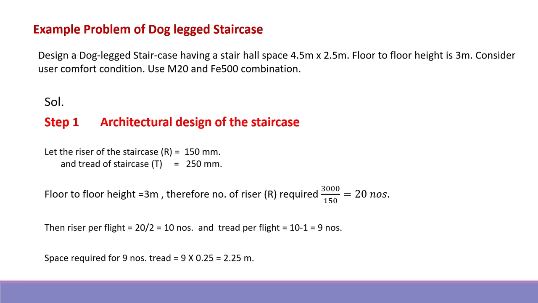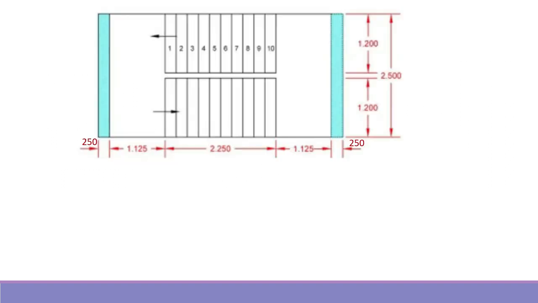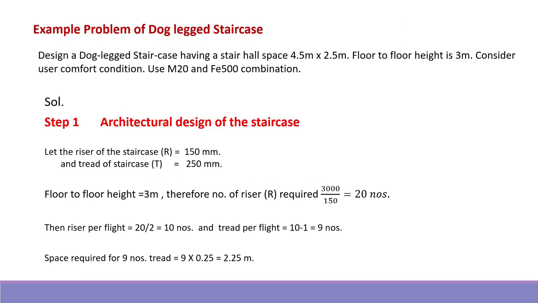So the horizontal space actually required by the treads will be 9 into 0.25, which is 2.25 meter. If you see here, we have a total of 4.5 actually.